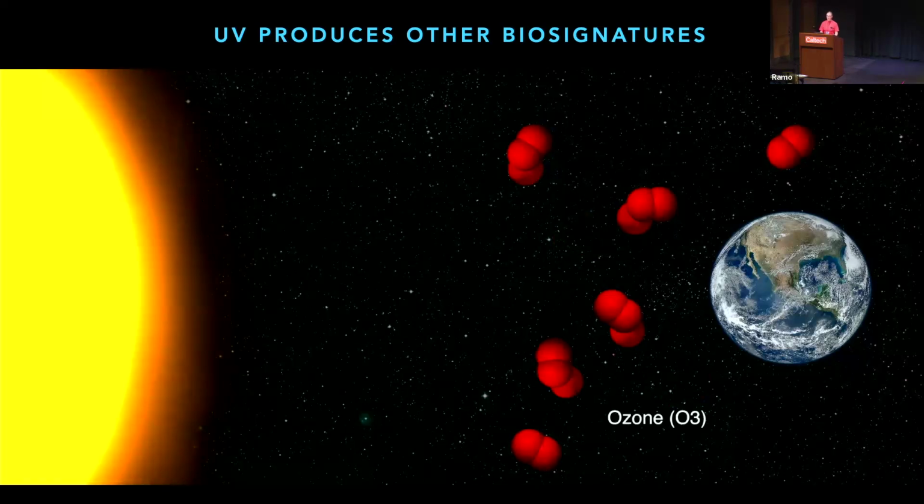Now, I want to talk quickly about why we even care about oxygen and ozone. I think a lot of astronomers don't know why we care about oxygen as a biosignature. Simply put, oxygen is produced from oxygenic photosynthesis, and that uses three very common things in the universe, right? It uses photons, water, and carbon dioxide. That's the feedstock molecules upon which oxygenic photosynthesis produces oxygen.